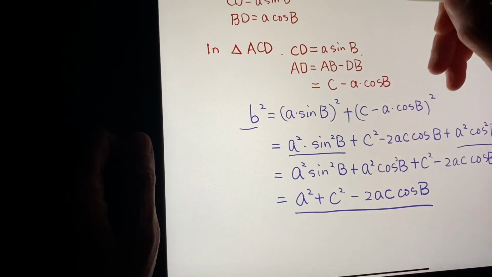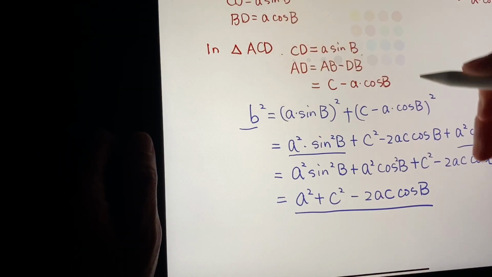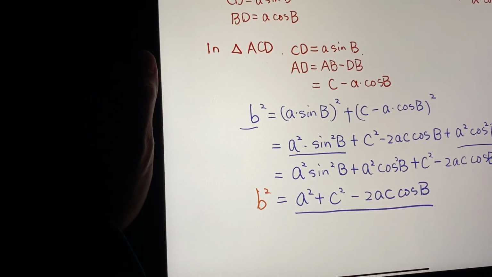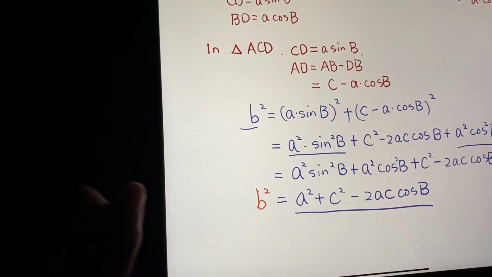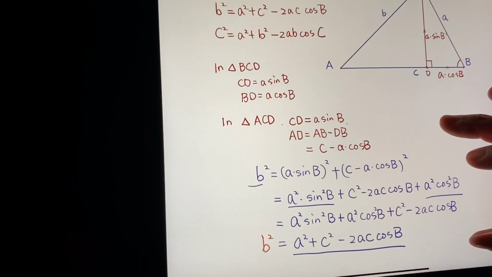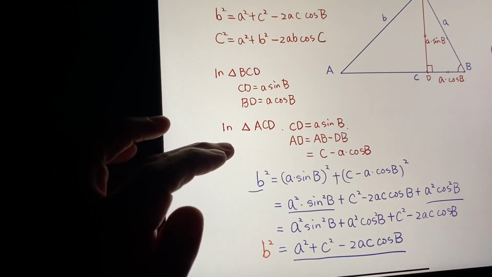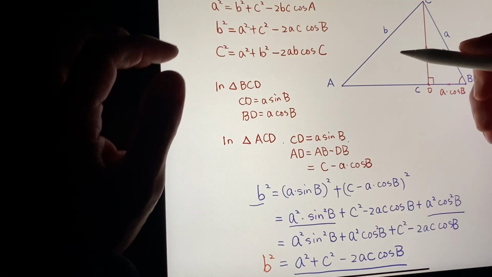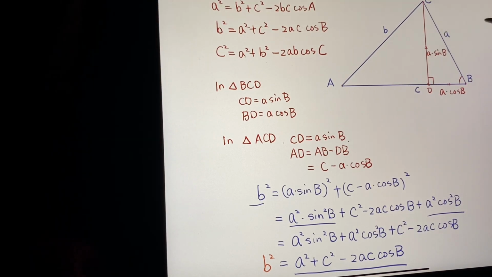So use red pen to write: b squared equals a squared plus c squared minus 2ac cosine B. And because all these angles are reciprocal, you can prove the others the same way.